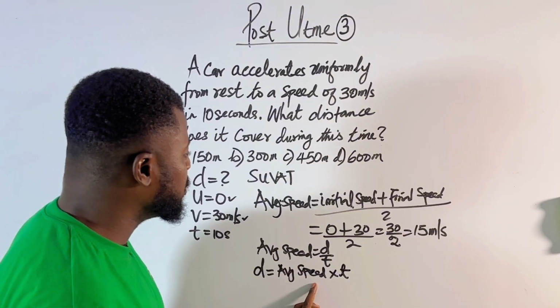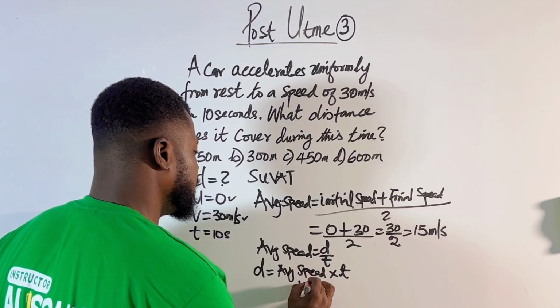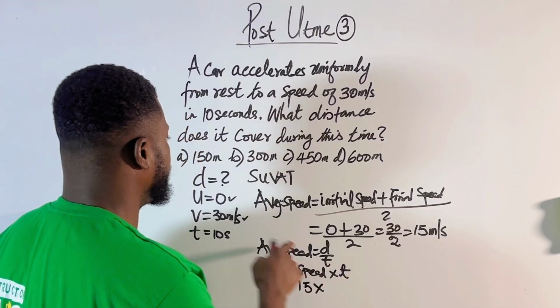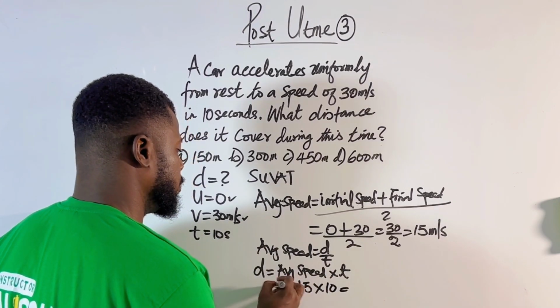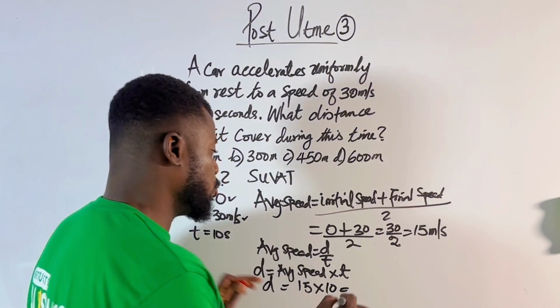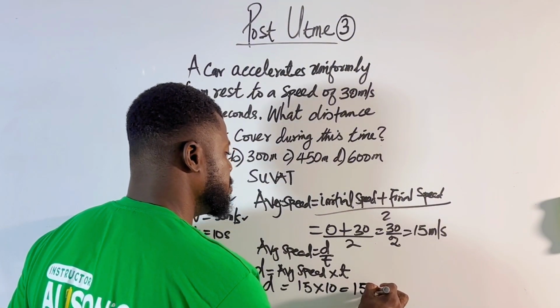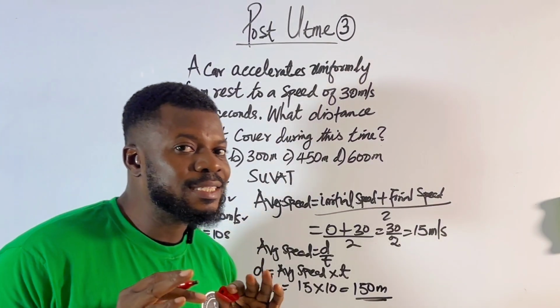So what will be this average speed? See am here, you get am as 15. So 15 times, what will be the time? See am, na 10. What this one will give you? Remember that distance they find. 15 times 10, just carry 0 add to 15. It will give you 150. 150 meters, the unit of distance. Option A.